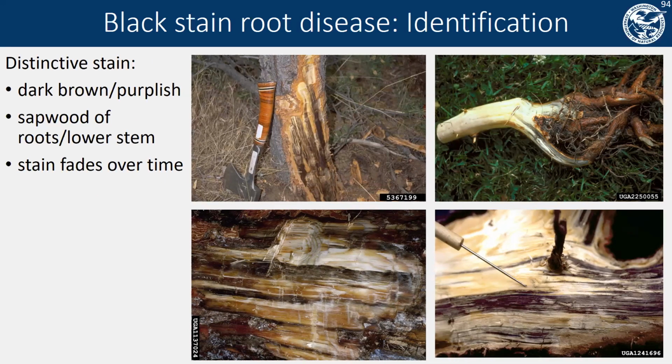Now, the unfortunate thing about this is the stain fades over time. So it is most clearly seen in symptomatic trees or trees that have been recently killed. Once a tree has been dead for a while, this staining fades and is less obvious. So it's harder to identify what has killed a tree if it has been dead for a long time, if it is black stain root disease.